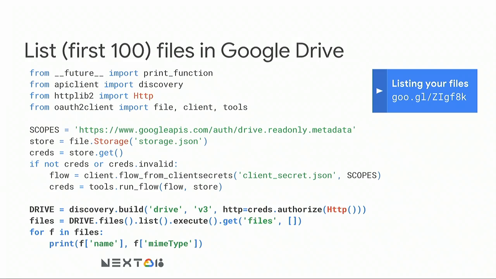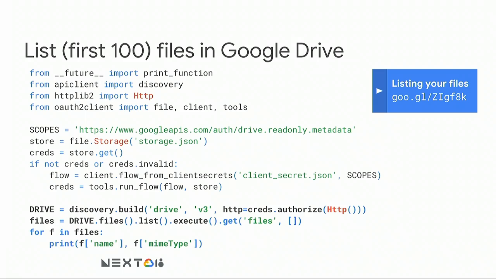I just want the file name and the type. So that's file metadata. So I can ask for the drive read-only scope, and metadata only on top of that. Okay? So that is probably the most minimal scope that you can ask for in order to have this simple app work. Obviously, for your application, it's going to be a little bit different.